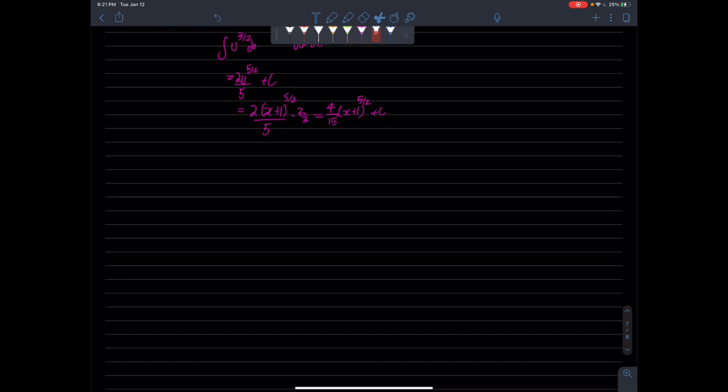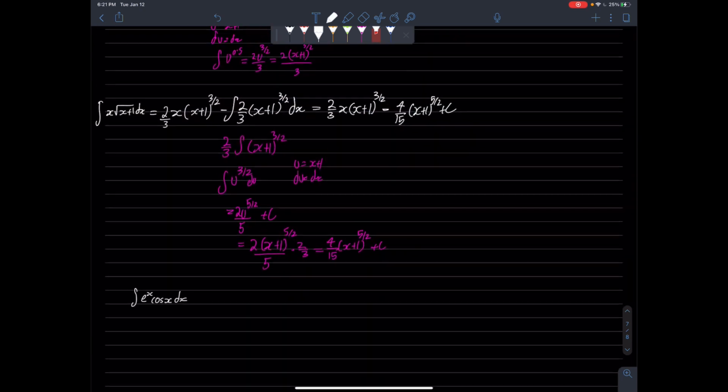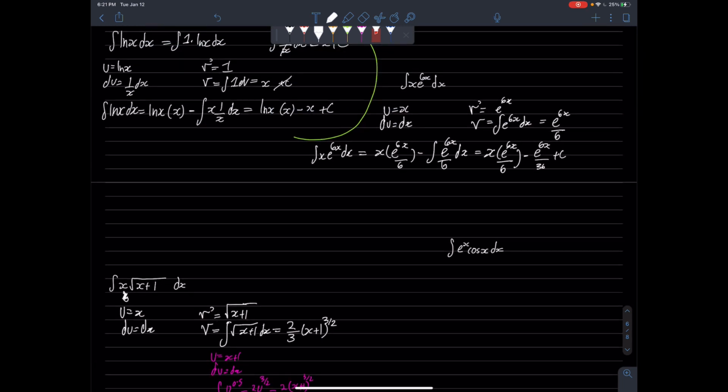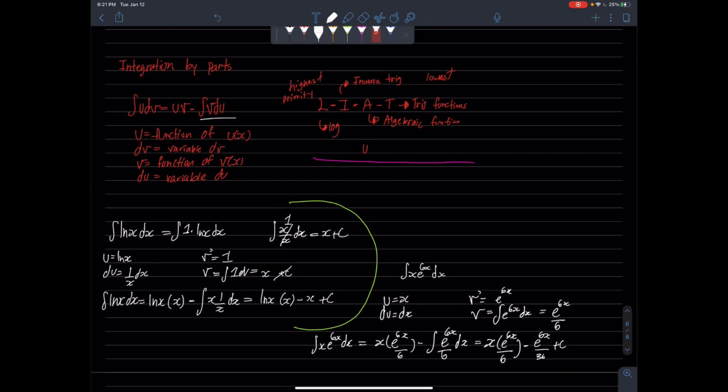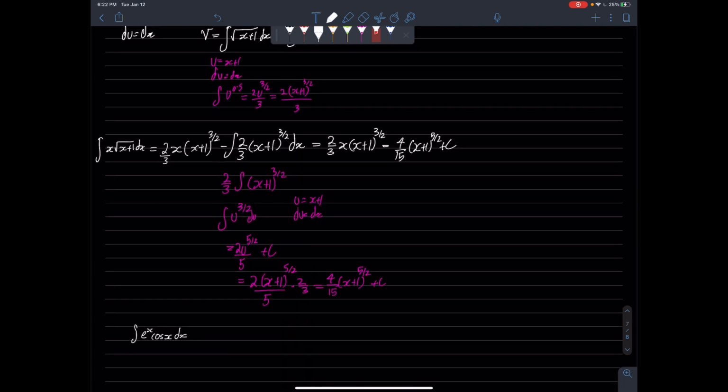Okay, last one. Okay, this one. So, according to our thing here, according to LIATE, we should be putting it at the trig function, right? Because the exponential isn't in here. So we'll do that.